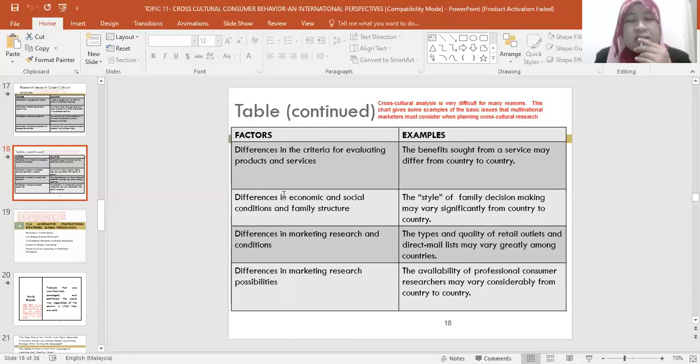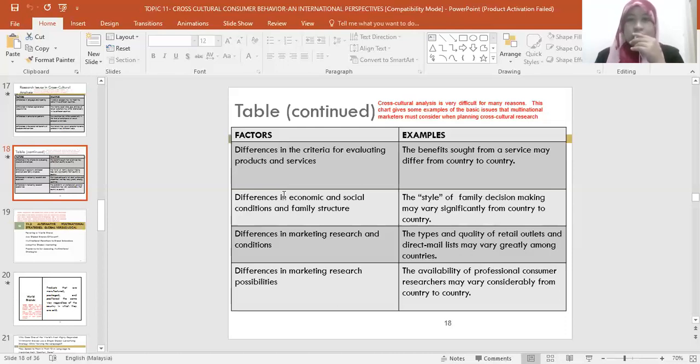Differences in economic and social conditions and family structure. The style of family decision making may vary significantly from country to country. For example, in Malaysia, mostly we rely on the parents to make decisions for the family until the children are married.